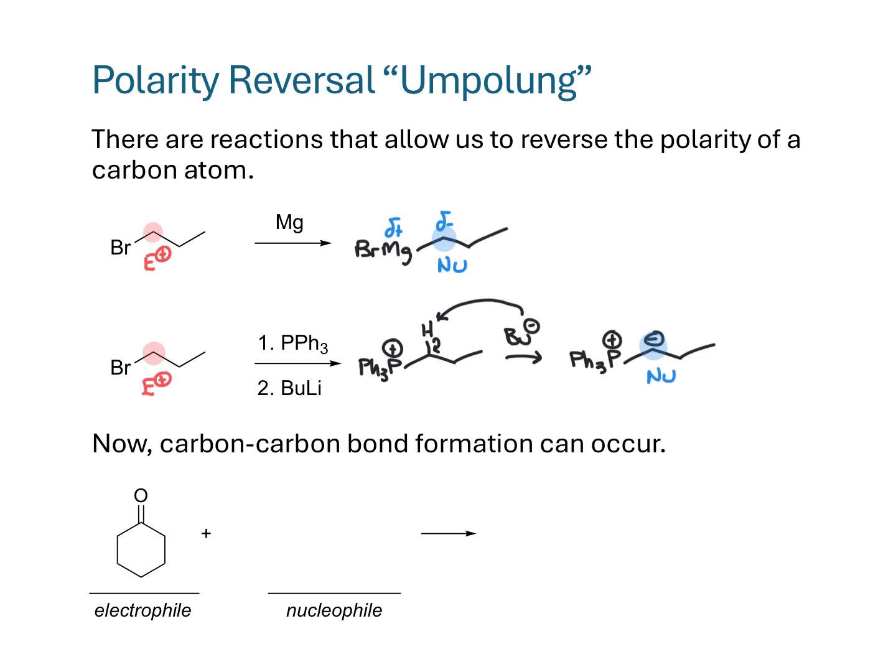Now going back to the reaction we saw on the previous slide, we have our carbonyl, which is an electrophile. Then we can use either one of these nucleophiles to form the carbon-carbon bond. I'll just use the Grignard reagent. Now that we have that partially negative carbon as a nucleophile, we can do the carbon-carbon bond formation.